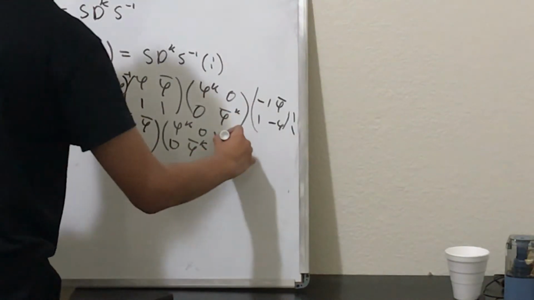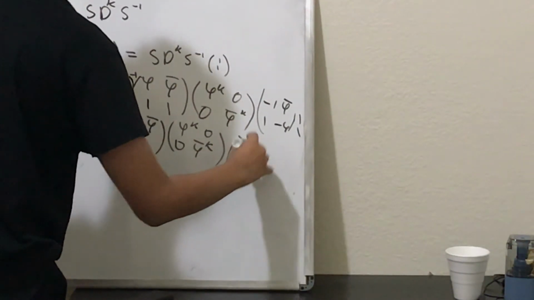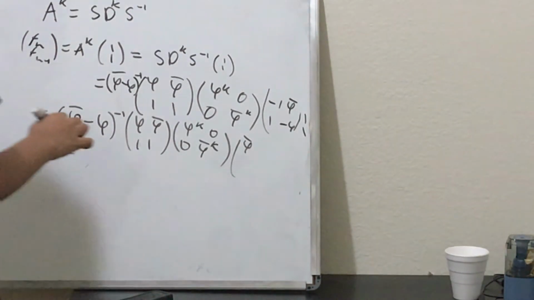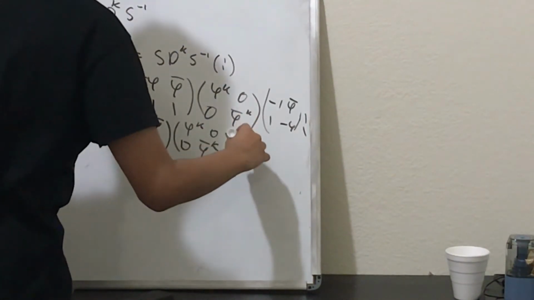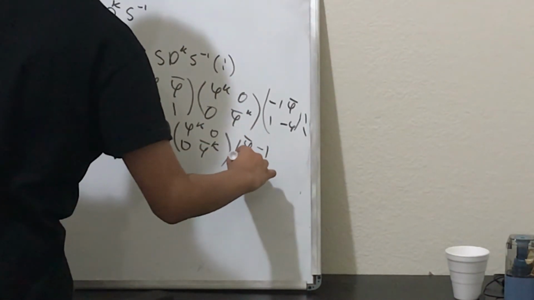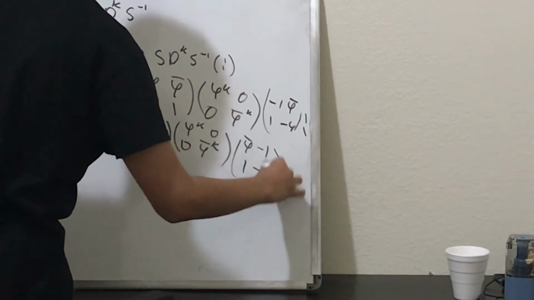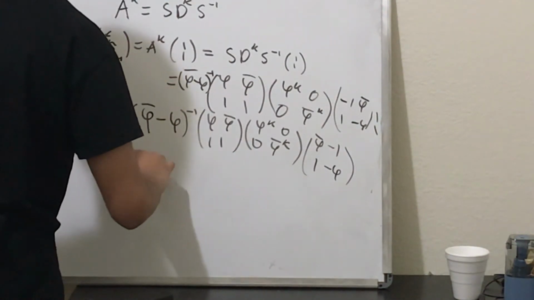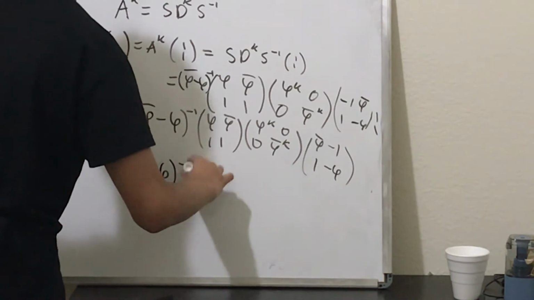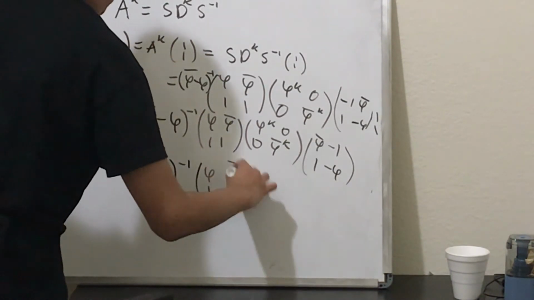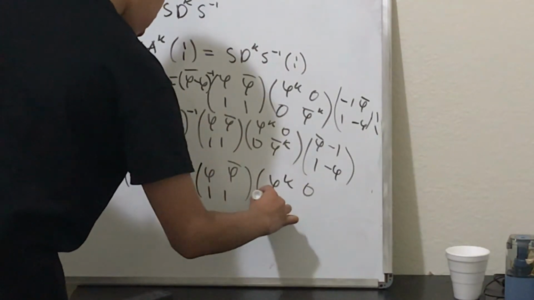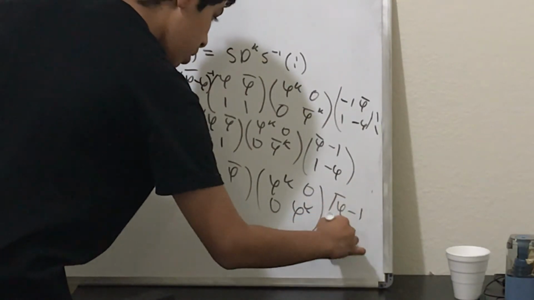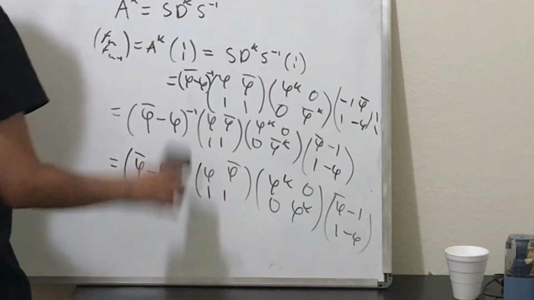Multiplying these two, we get phi bar minus 1, 1 minus phi. And basically we just continue on like this, applying it to vectors and such. And if we keep on doing this, what we get?